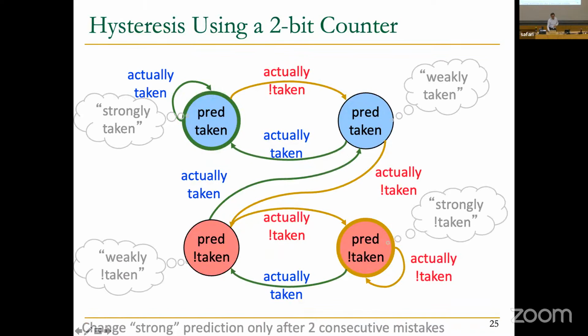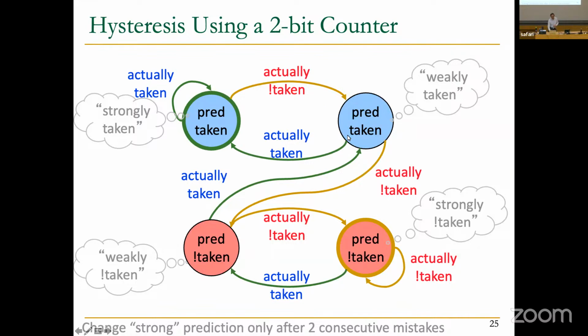Actually, let me go over here. And so, for example, if you predict the branch as taken, and you're in this state, let's call this a weakly taken state. You haven't completely made up your mind that the branch is actually being taken a lot.